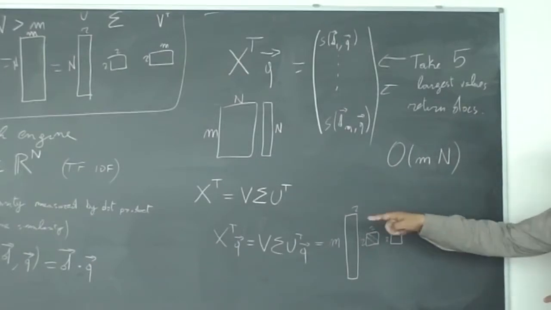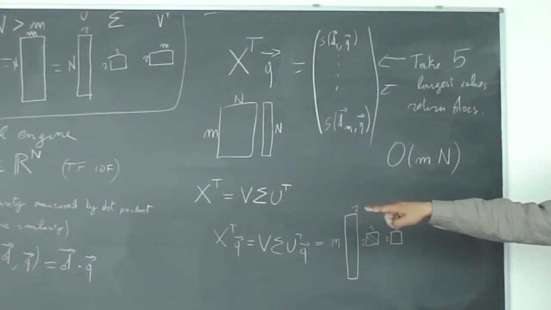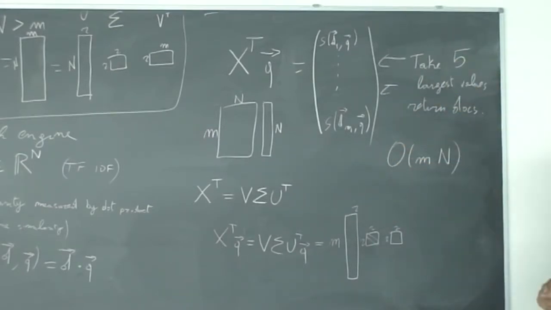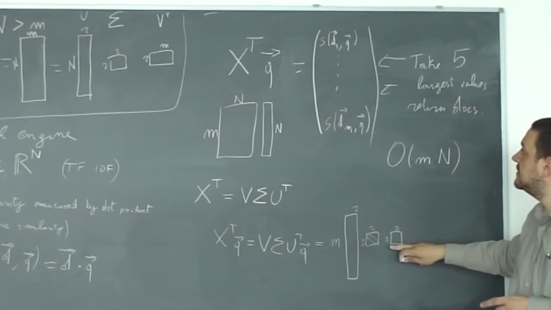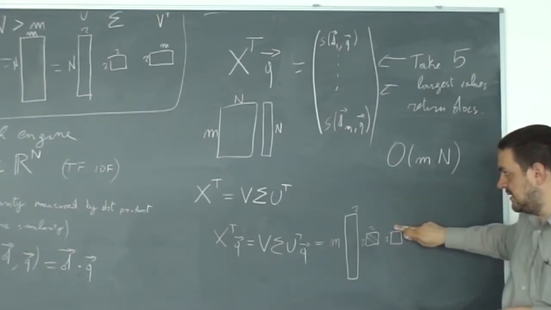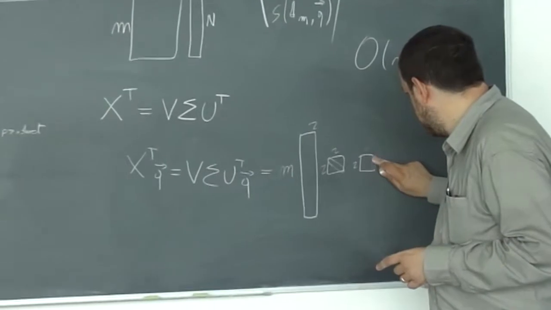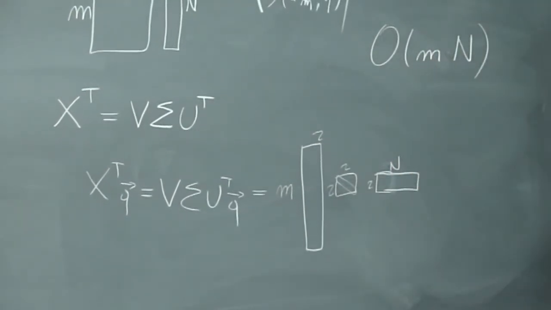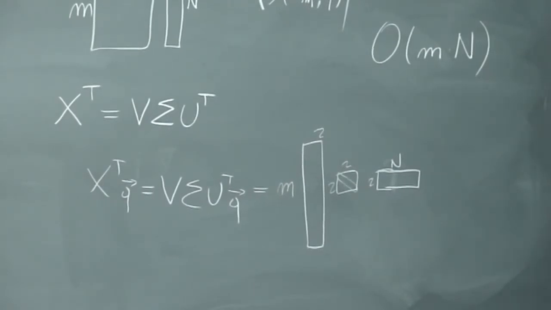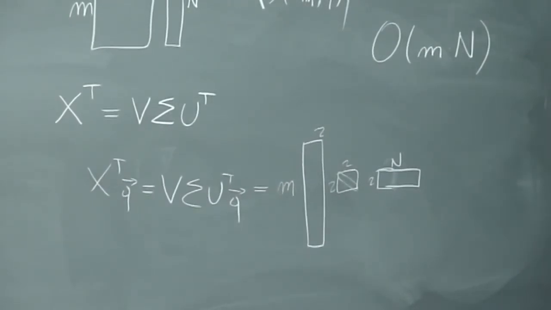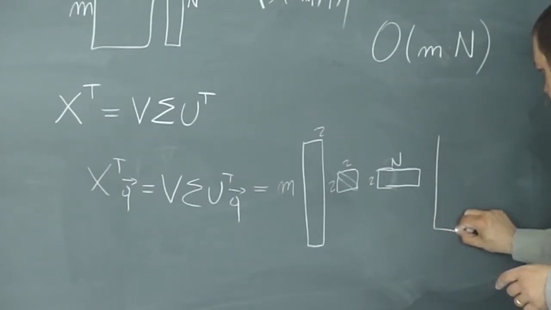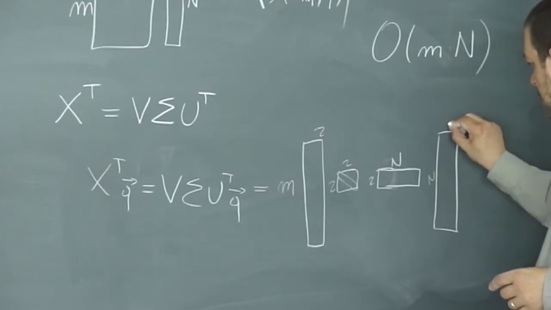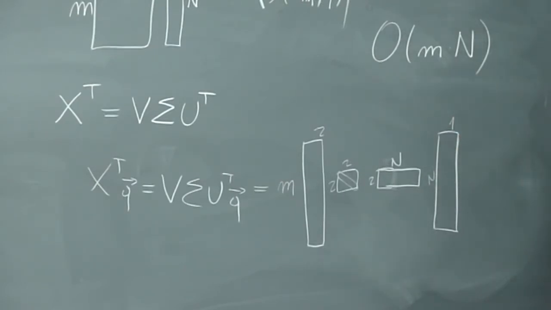Of course, I'm considering the first case there where M is larger than N. Times Q, which is an N by 1 matrix.